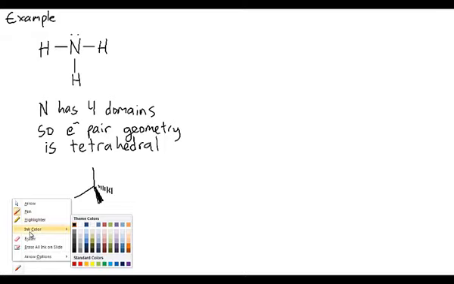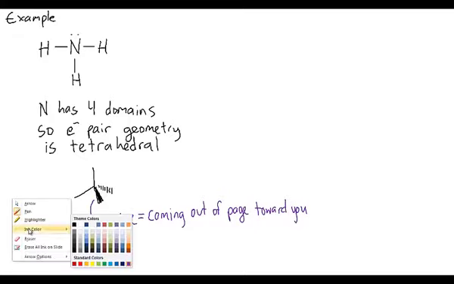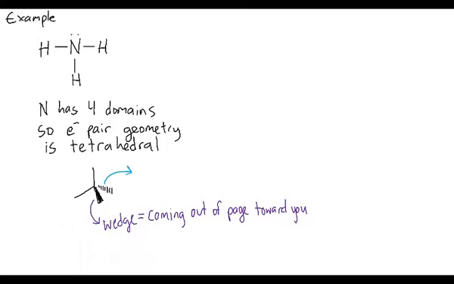So the way we note that as chemists is we draw a wedge bond when something is coming out of the page toward you, and we draw a dash bond when something's going into the page away from you.